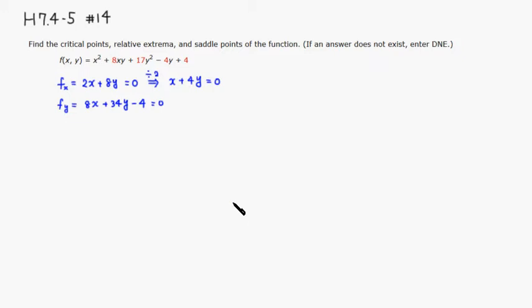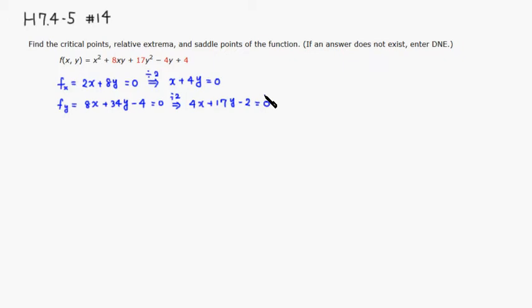And this one, everything seems to be a multiple of 2 as well, so I'm going to just divide through by 2. So you have 4x plus 17y minus 2 equals 0.